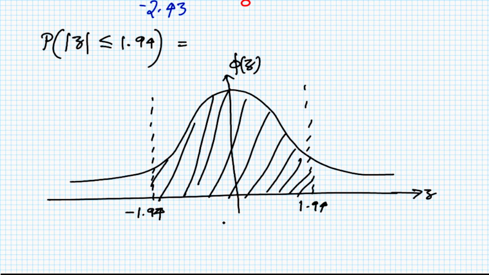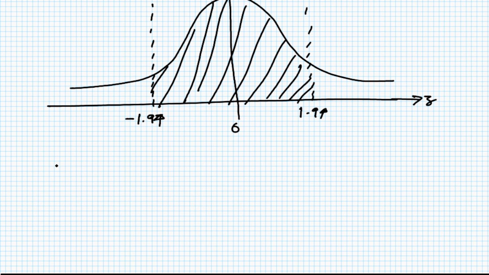They are asking to find out this total area. Okay, so from the table, I can calculate 0 to 1.94, and 0 to minus 1.94 remains the same. So that means simply multiply that by 2. So the required area is the probability that minus 1.94 is less than or equal to z less than or equal to 1.94, which is the actual question.